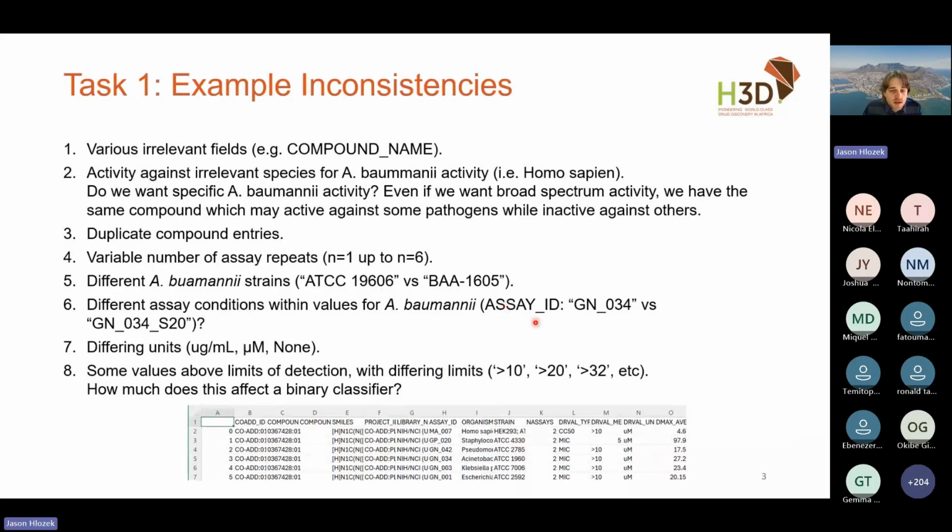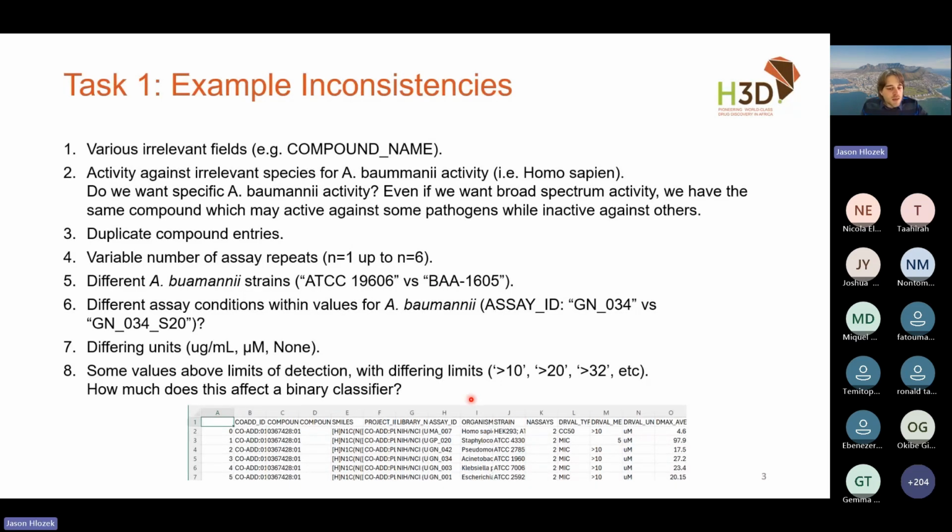Here, if you remember, we were particularly interested in modeling Acinetobacter baumannii activity. But this data set has activity values against multiple species, not just Acinetobacter. So particularly, say, for the Homo sapiens, so human measurements. Obviously this is something we don't want activity for, because activity in human means tox, essentially, if we're thinking about infectious diseases. So this is not very helpful in helping us predict Acinetobacter baumannii.